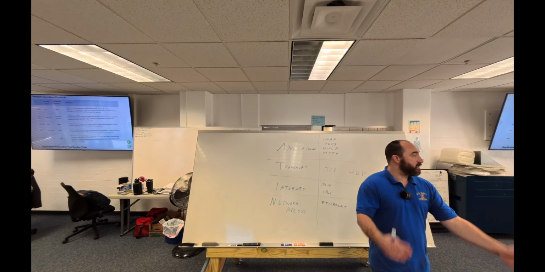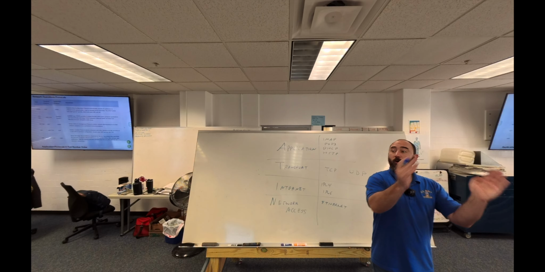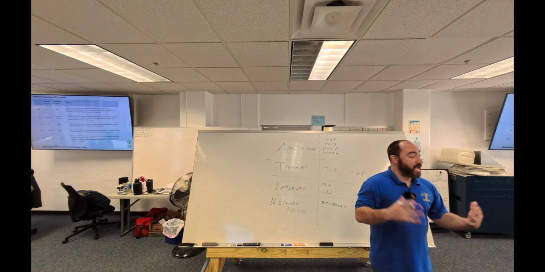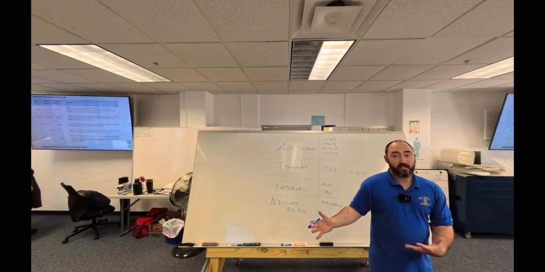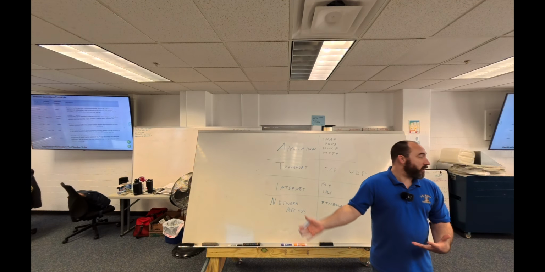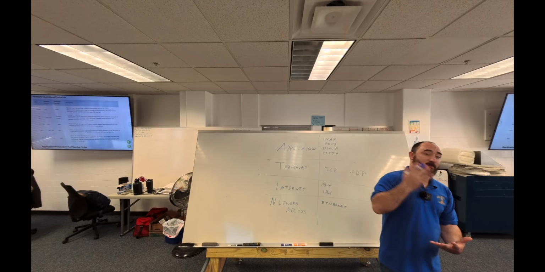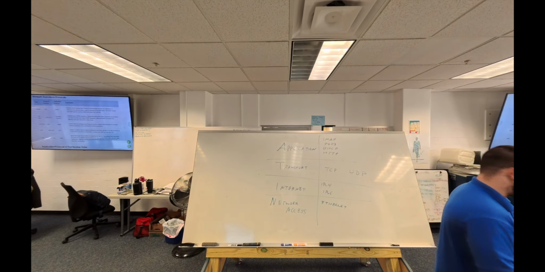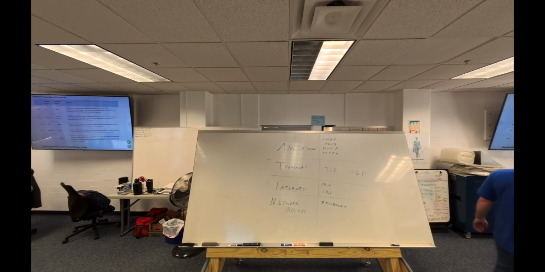Email, right? Specifically client to server or server to server. SMTP port number is 25, and since it's email, it's TCP. SNMP 161, 162 is UDP.